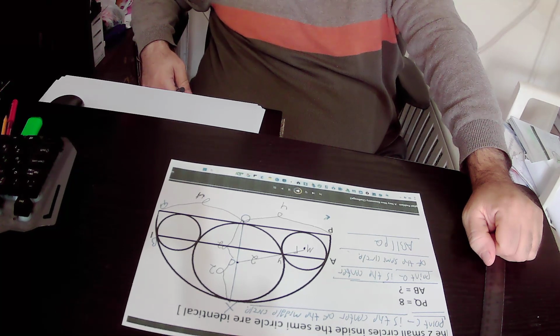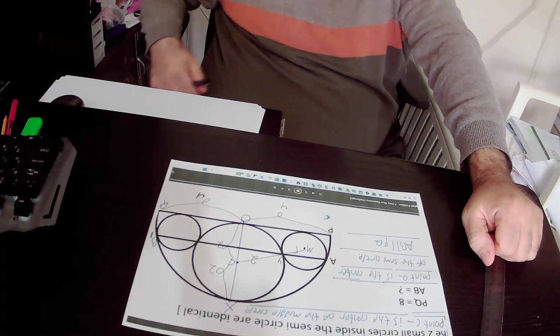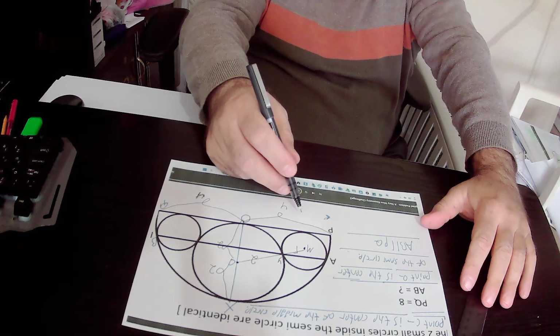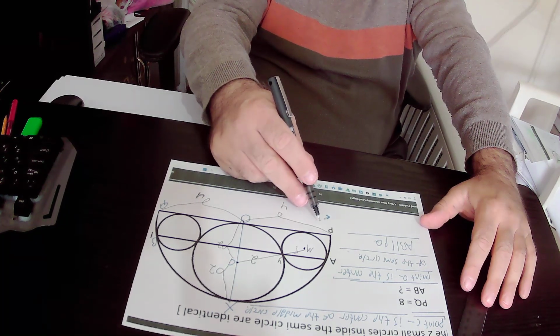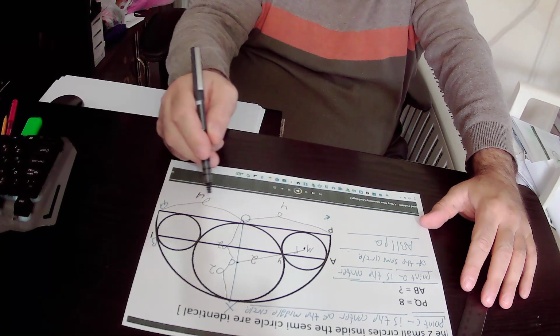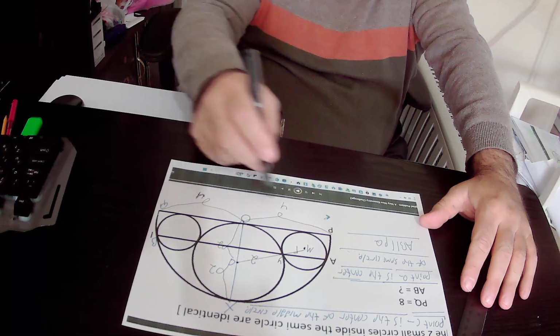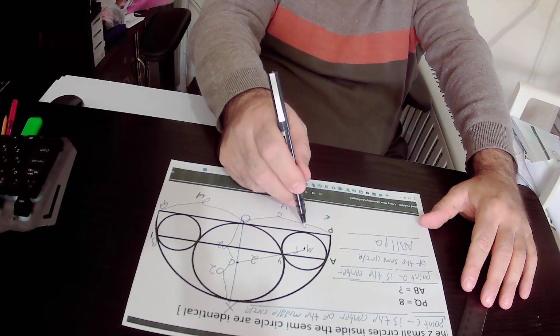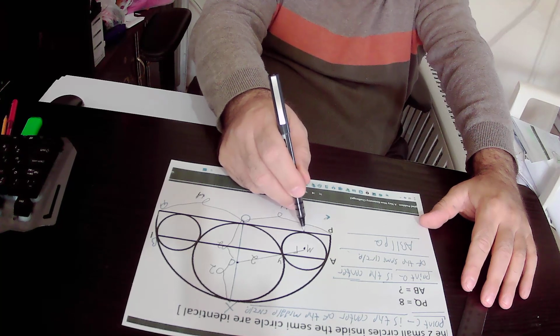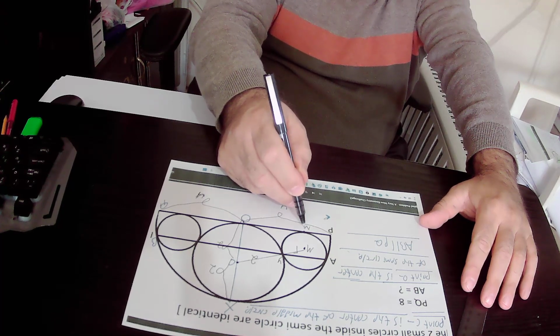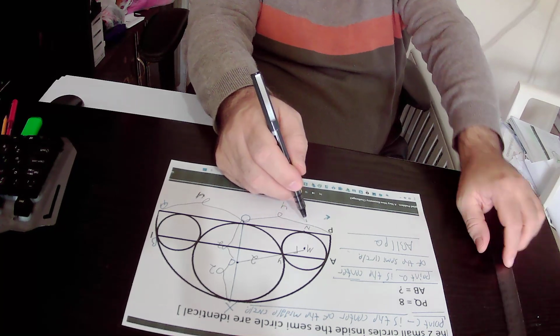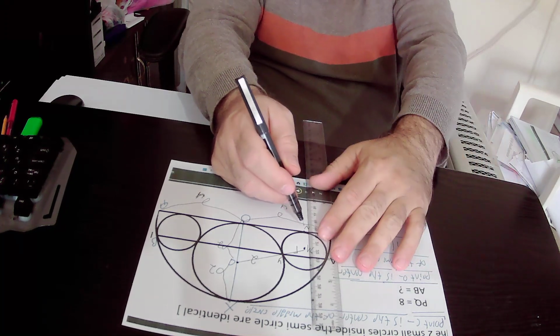Then we will define the touching point between the tangent PQ and the small circle as point N. Then we will join points M and N together by a straight line.